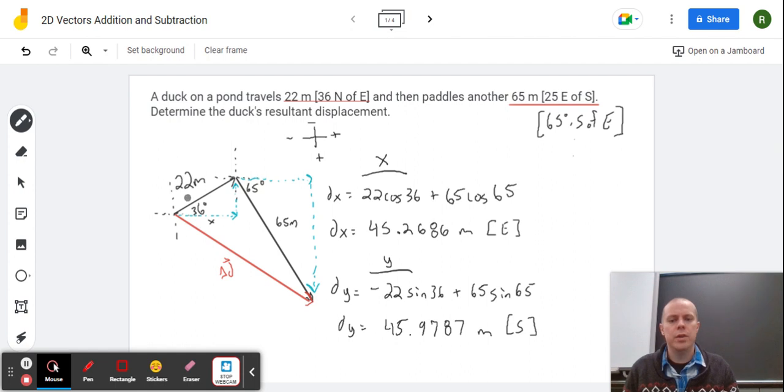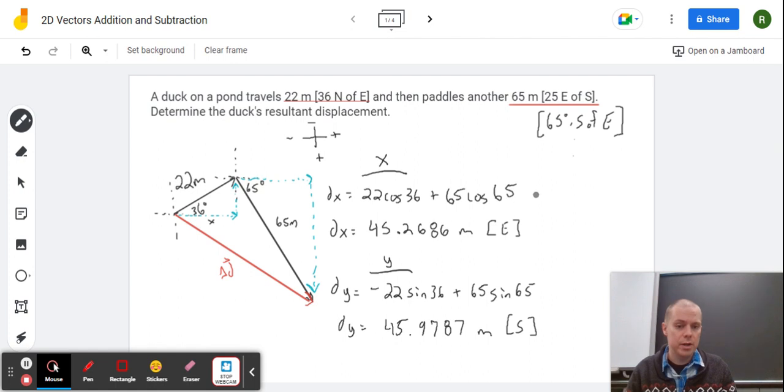When there's only two vectors, you might find it quicker and easier to break it into a triangle, find an angle inside the triangle, and use trig to solve it. It's about the same amount of work. Sometimes you can do it a little bit quicker with trig if you're more comfortable with it. But I find as soon as you start adding 3 or more vectors, then components becomes way easier.